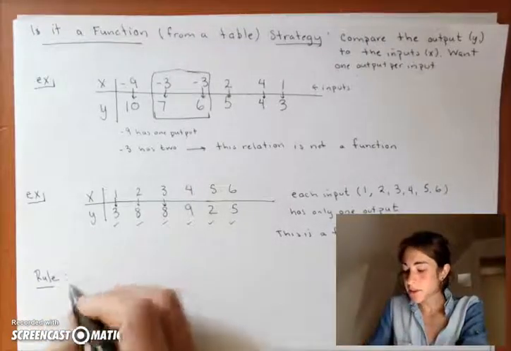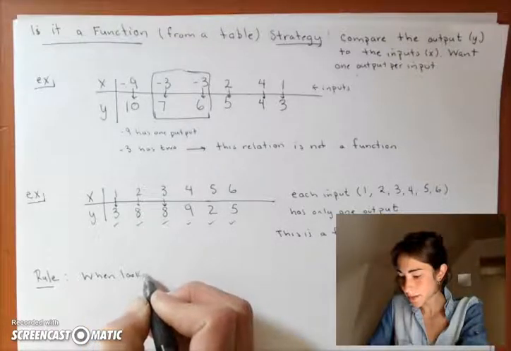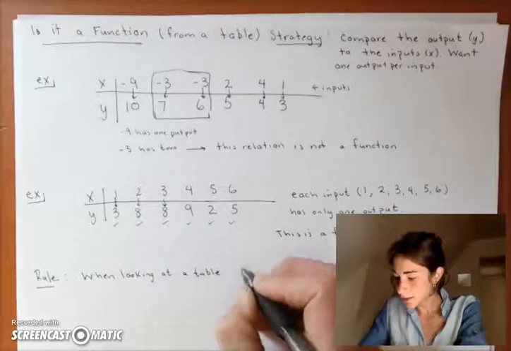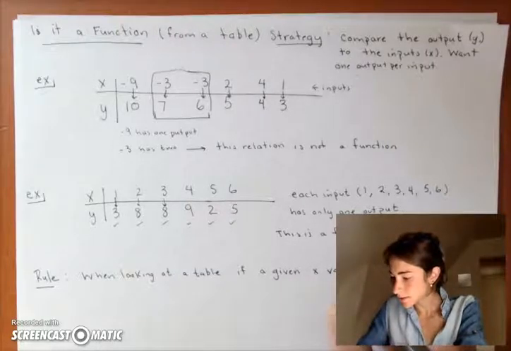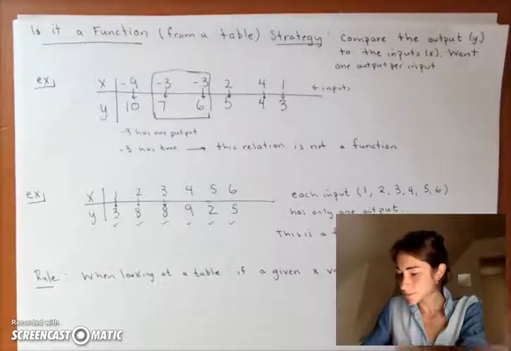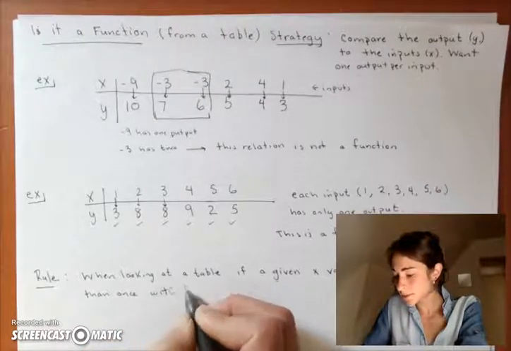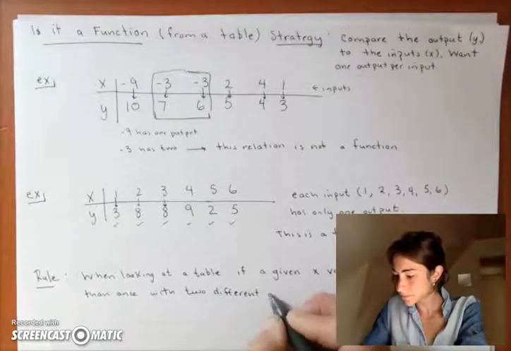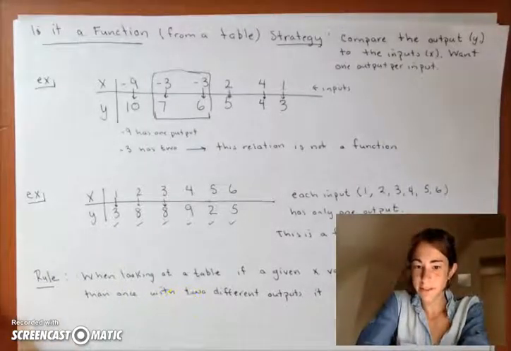So a rule to follow is that when looking at a table, if a given x value appears more than once with two different outputs, it is not a function.